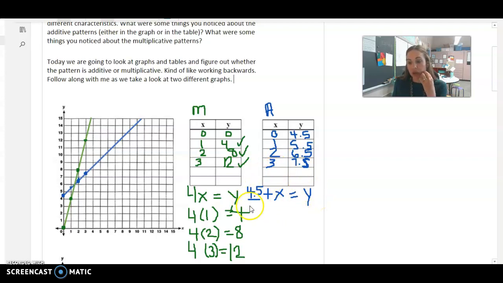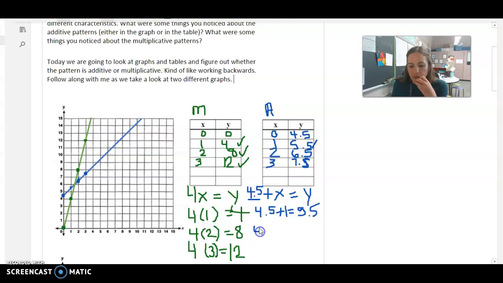Well, let's make sure the rest of the x values follow. So if I added 4.5 plus 1, what would I get? Well, 4.5 plus 1 is 5.5, right? And does that check out? Yeah, it does.